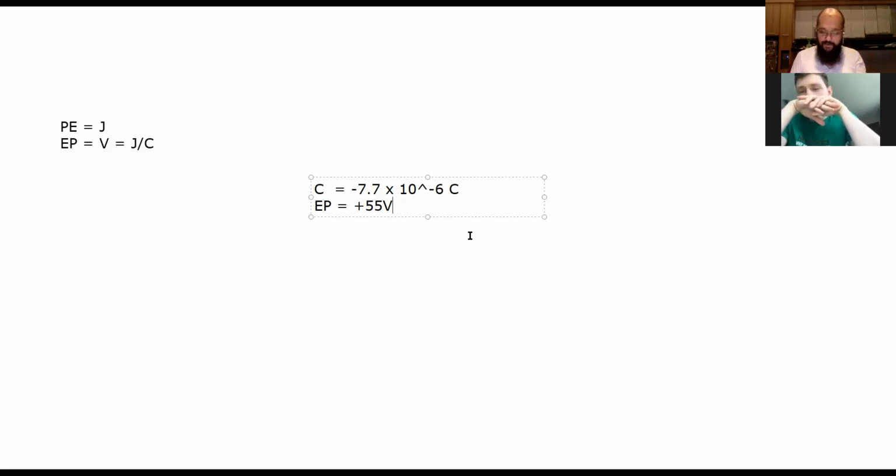Let's rearrange that because we're looking for the potential energy. So the potential energy would be equal to the voltage multiplied by the quantity of charge. Remember to keep your signs.